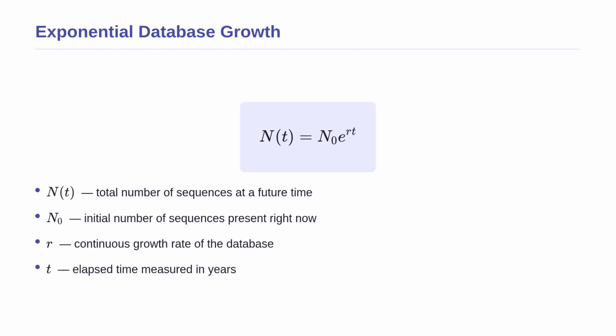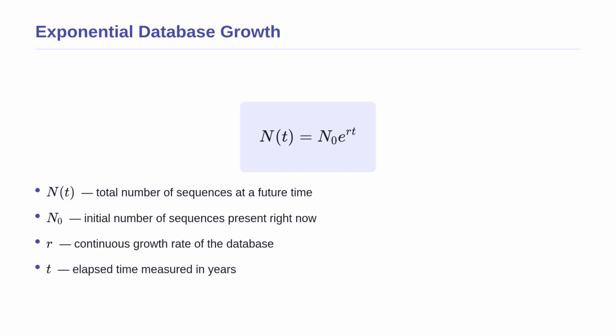To quantify this rapid expansion, let us look at the mathematics behind it. This is the standard exponential growth equation used to model database size. Conceptually, it shows how a quantity grows continuously over time based on its current size. In this formula, n of t represents the total number of sequences in the database at a given future time. N0 stands for the initial number of sequences present right now.